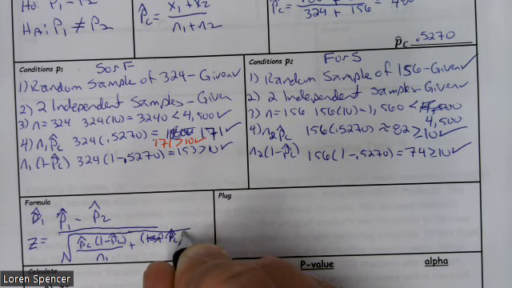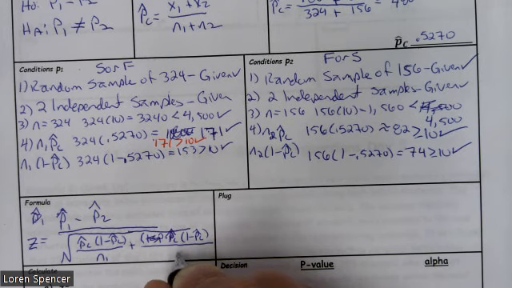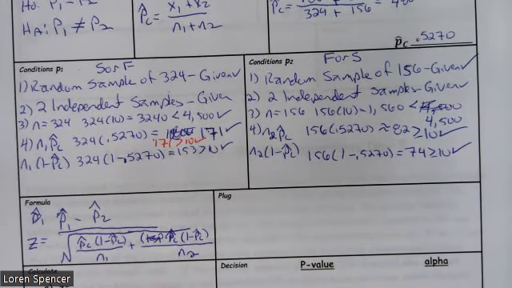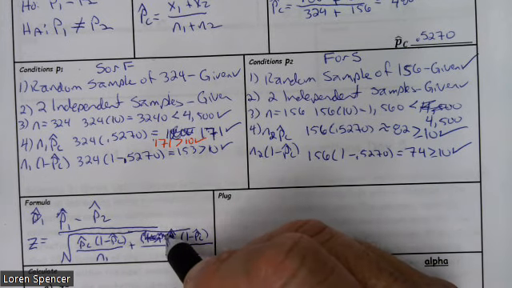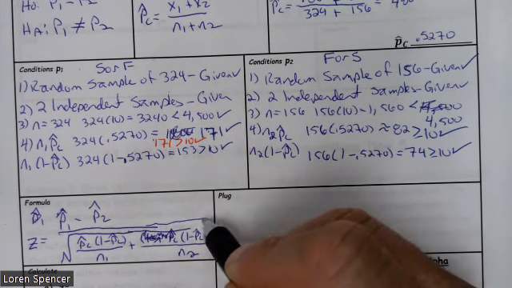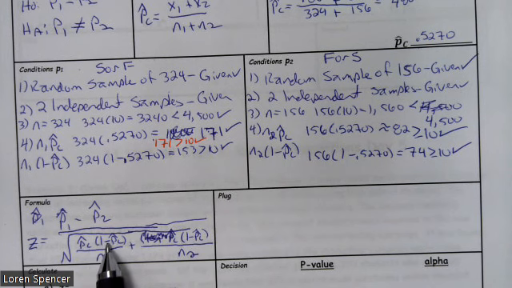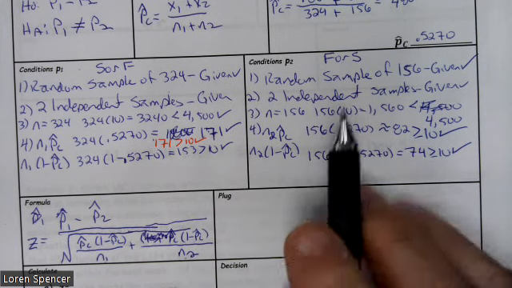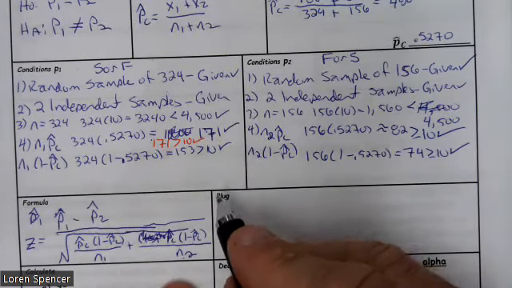The numerator doesn't change on this. It does on the confidence interval, but it does not on the hypothesis test. So we have P hat C times 1 minus P hat C over N1, and we have P hat C times 1 minus P hat C over N2. And so we need to go ahead and start plugging in.